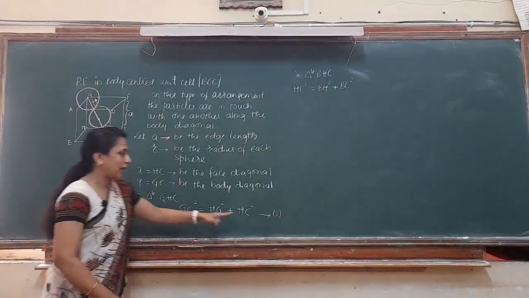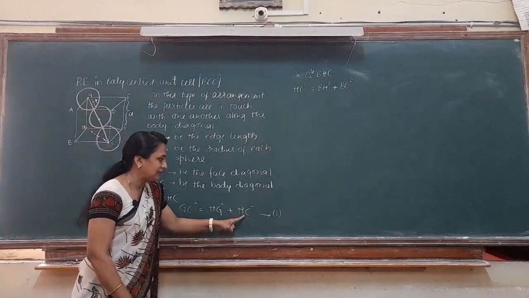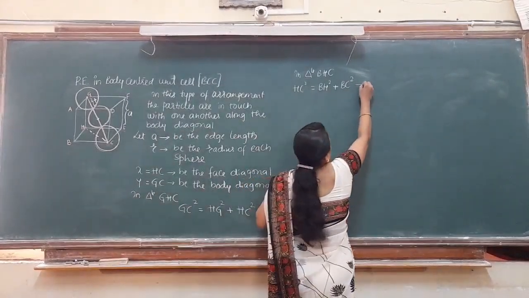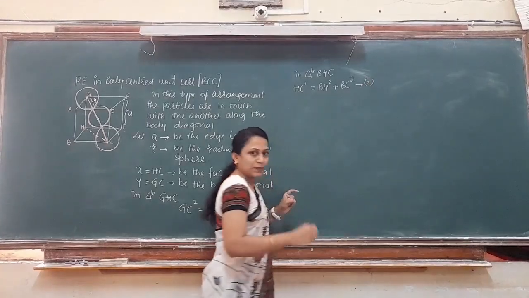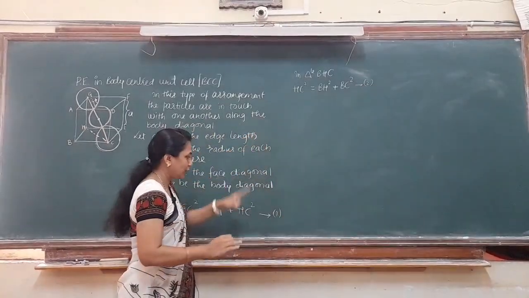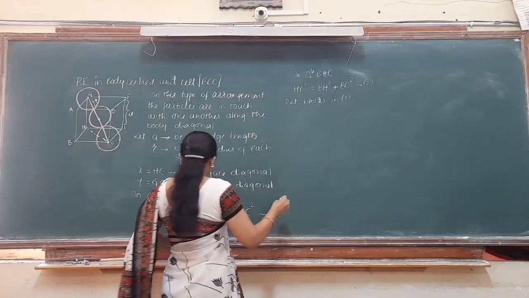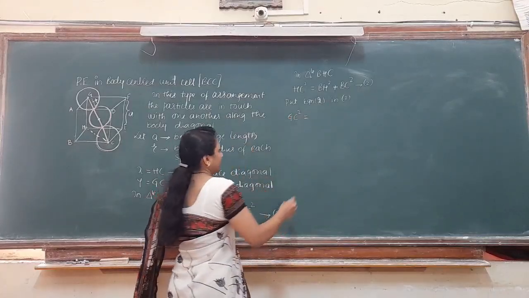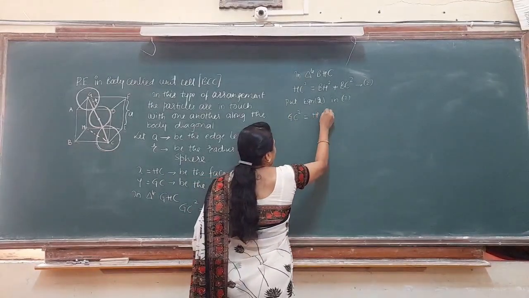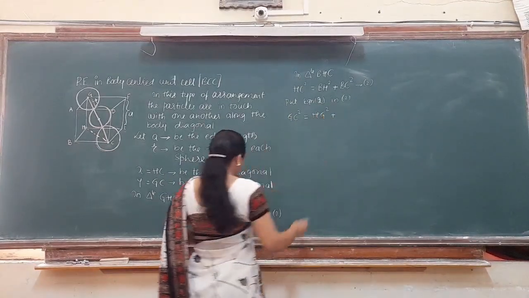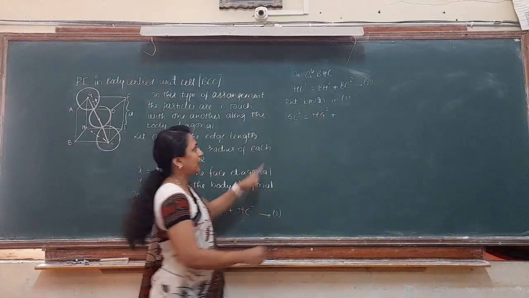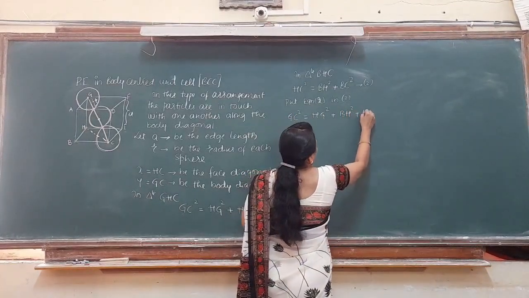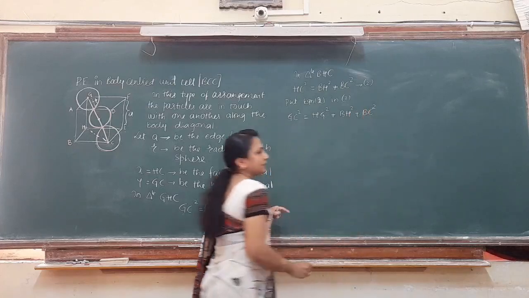Let us call it 2. So substituting equation 2 in 1, we can write GC square is equal to HG square plus, in place of HC square, BH square plus BC square.